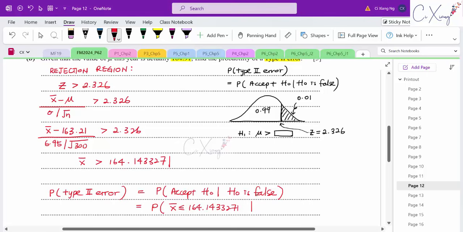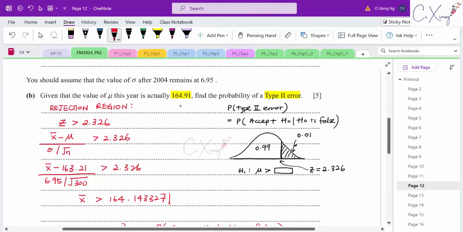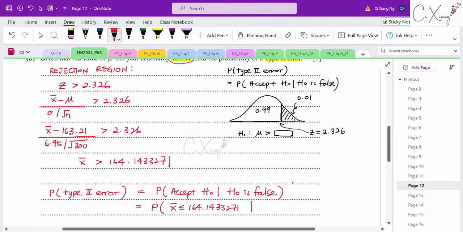Given that the null hypothesis is false, my mu is not 163.21 anymore. They need to give us a new value for mu, and the new value is given here, which is 164.91. So I put in mu equals 164.91.